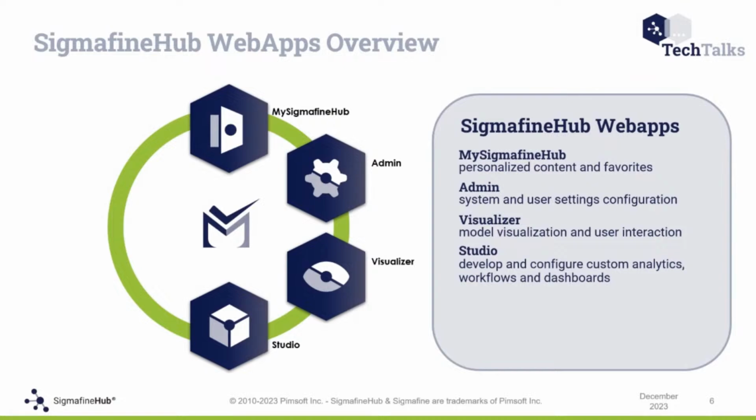Studio is, as I was alluding to before, really the module in SigmafineHub where you can develop analytics. SigmafineHub Studio Analytics is a set of programming functions, and it's a block-oriented language, which is very easy to learn. You don't need to be an IT professional, a professional programmer, to use that.